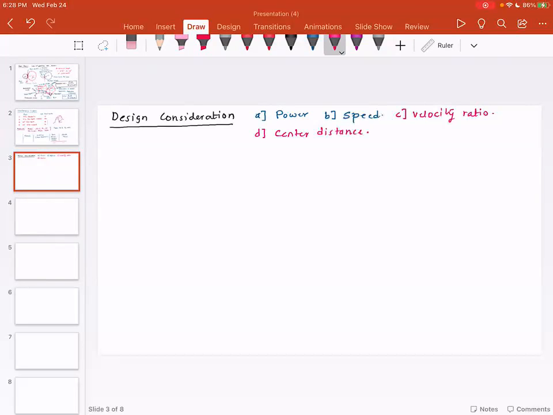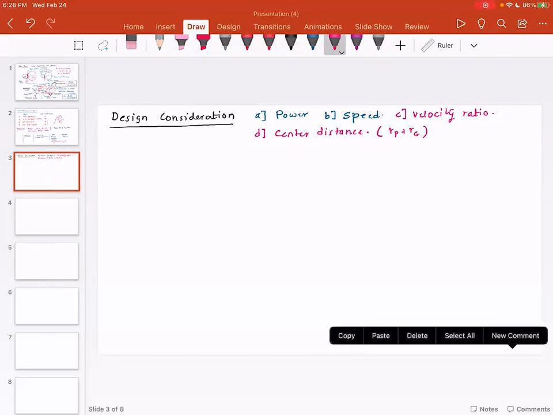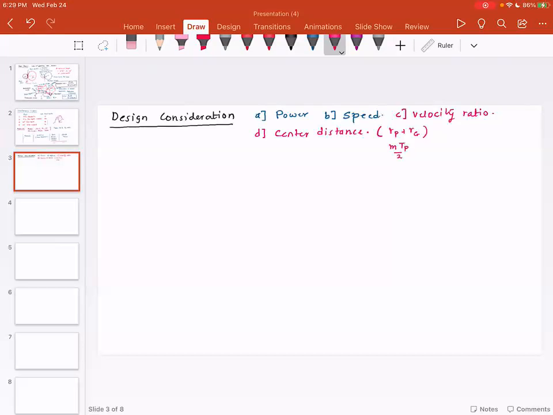And the center distance is important because that dictates how far those two gears should be, the module, then basically the radius. So center distance for the spur gear is radius of the pinion plus radius of the gear. And as you know, the radius of pinion and radius of gear is dependent on module multiplied by number of teeth on pinion divided by 2, module multiplied by number of teeth on gear divided by 2. So center distance dictates the module.